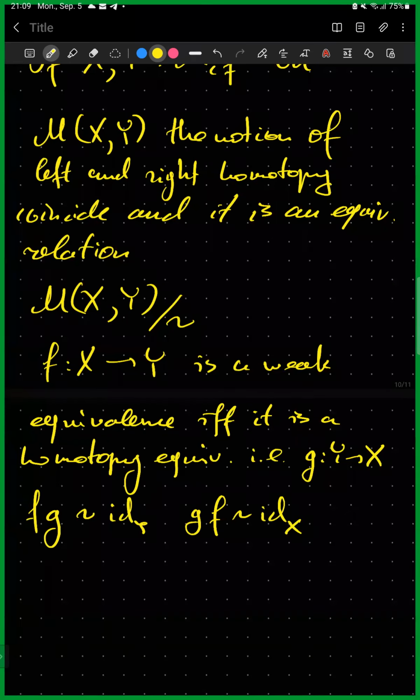So from this fact, it follows that if X and Y are both fibrant and cofibrant, then this quotient of the set of maps from X to Y is actually the same as the set of morphisms in the homotopy category.